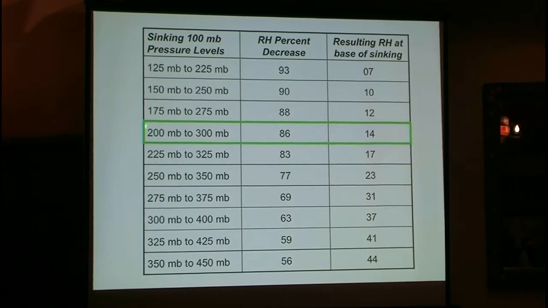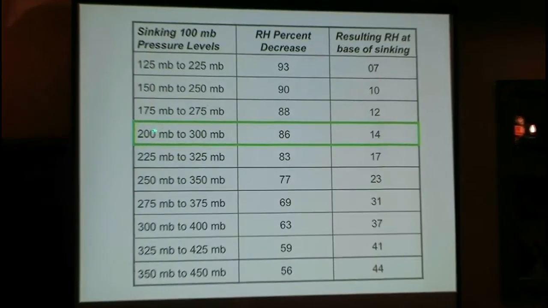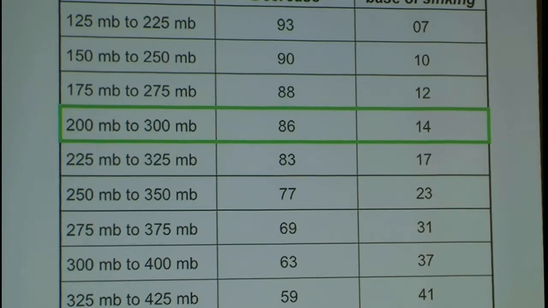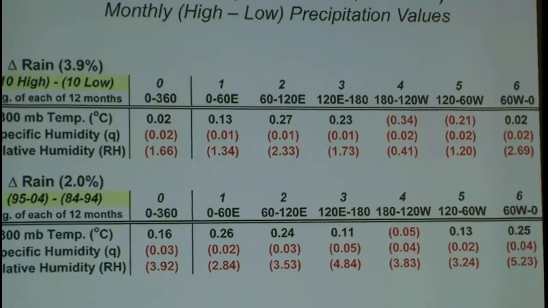Now, if you take a parcel from 200 millibars, 40,000 feet, bring it down to 30,000 feet, and start it out saturated at 200 millibars, the decrease of humidity of bringing that parcel adiabatically down 100 millibars, the humidity at 300 millibars is 14%. It goes down that much. We have such a gradient of saturated vapor in the upper troposphere.